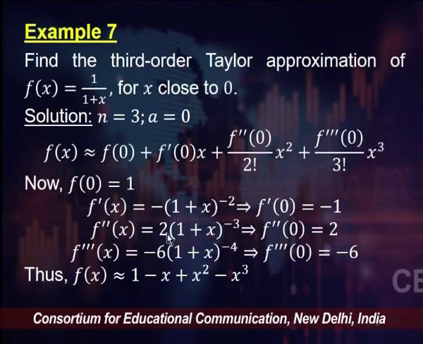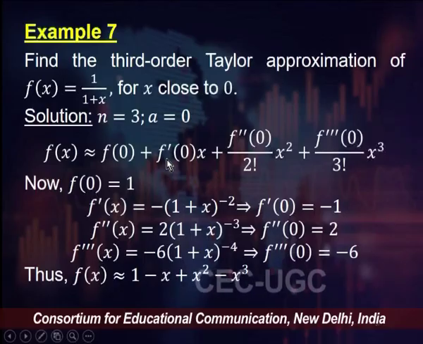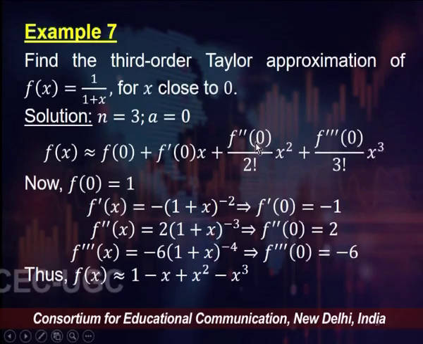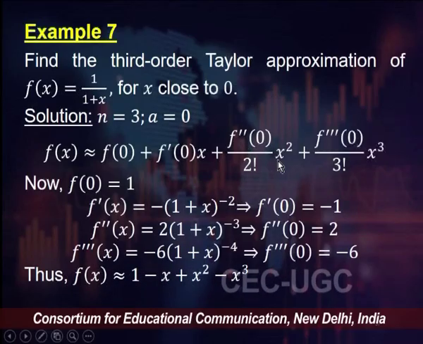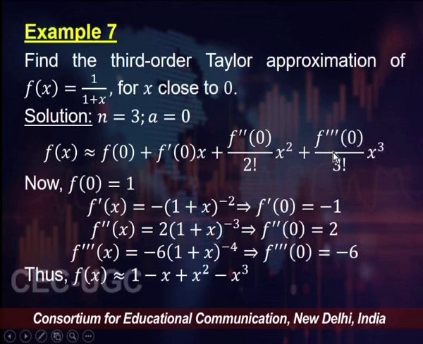The polynomial we are going to use is of the third degree, so that is f of 0 plus f prime at 0 times x, and this is actually a Maclaurin's expansion because a is 0, plus 1 by 2 factorial f double prime at 0 times x squared, plus 1 by 3 factorial f the third derivative at 0 of the function times x cubed.